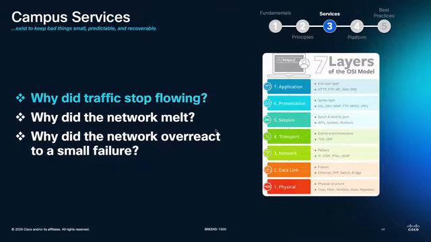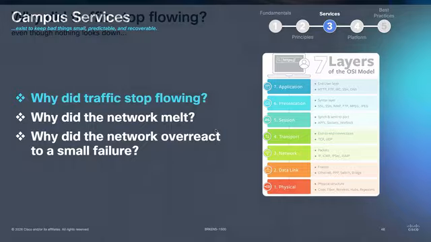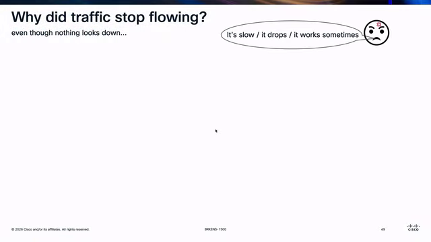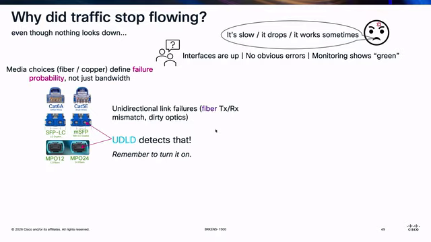So you might be thinking, okay, someone is asking you, why did the traffic stop flowing out of nowhere? Someone says it's slow, there are drops, it works just sometimes, you're checking your dashboard of any sort, and everything's up, everything's green, where's the problem? And I wanted to flash one thing.